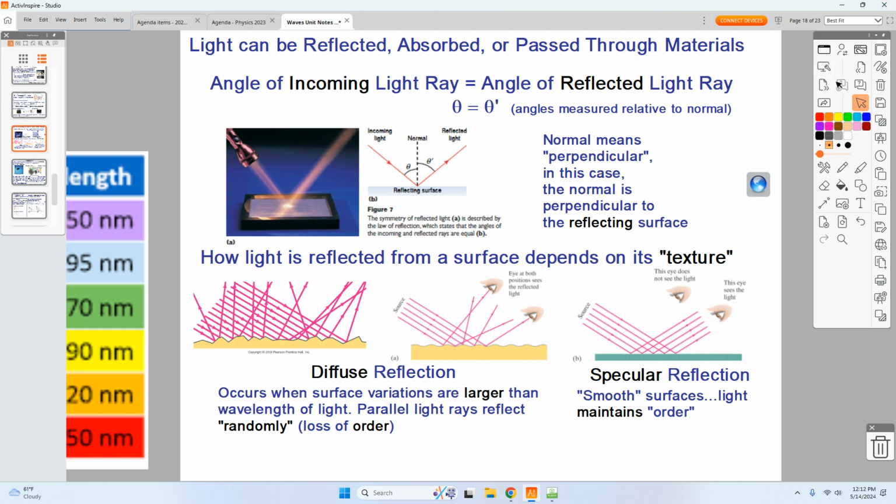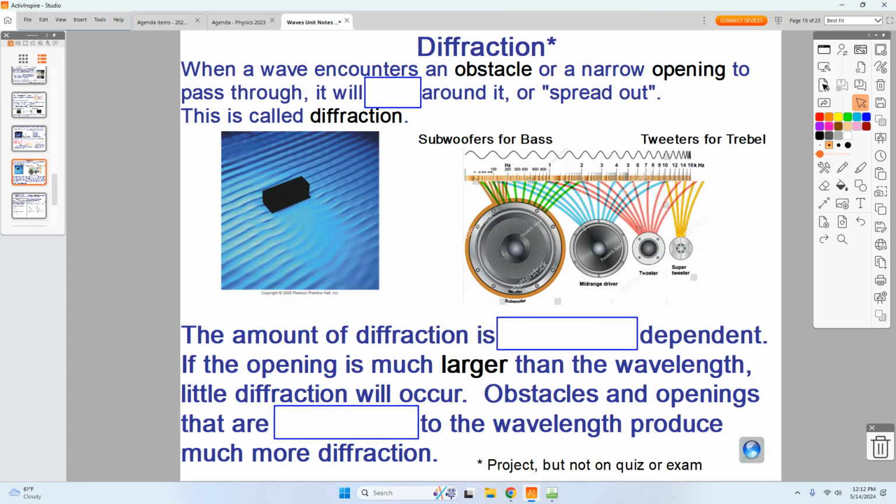Tayden is going to be doing a speaker project on subwoofers, right? Your presentation is going to be on subwoofers. This has to do with diffraction. You'll notice an asterisk: this does not go on your quiz or exams. Diffraction is a spreading out of a wave that bends around an obstacle.